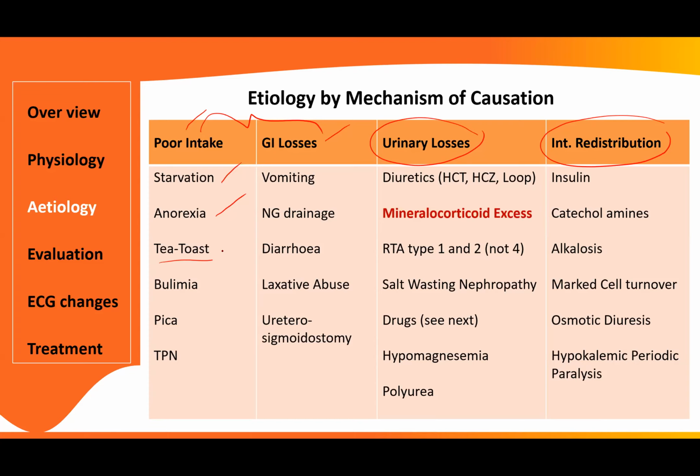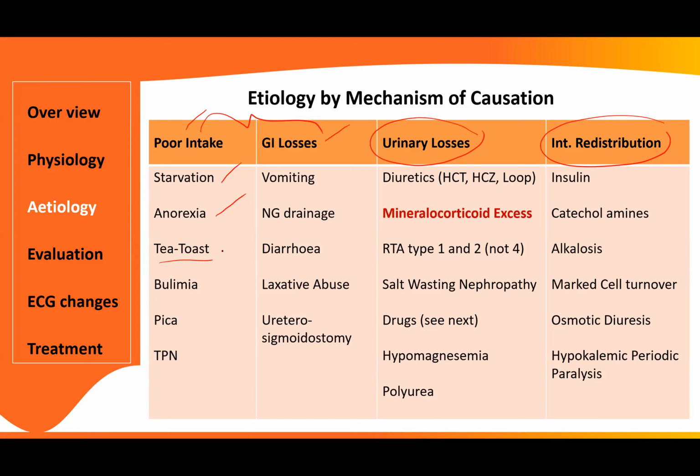He doesn't have anything else to eat. Bulimia, eating disorders, and certain types of pica will also interfere with the potassium that is taken in. Then total parenteral nutrition: suppose a patient is on total parenteral nutrition and you are not taking care to supplement potassium, the patient will go into hypokalemia. So the poor intake causes are starvation, anorexia, tea toast life, bulimia, pica, and total parenteral nutrition.